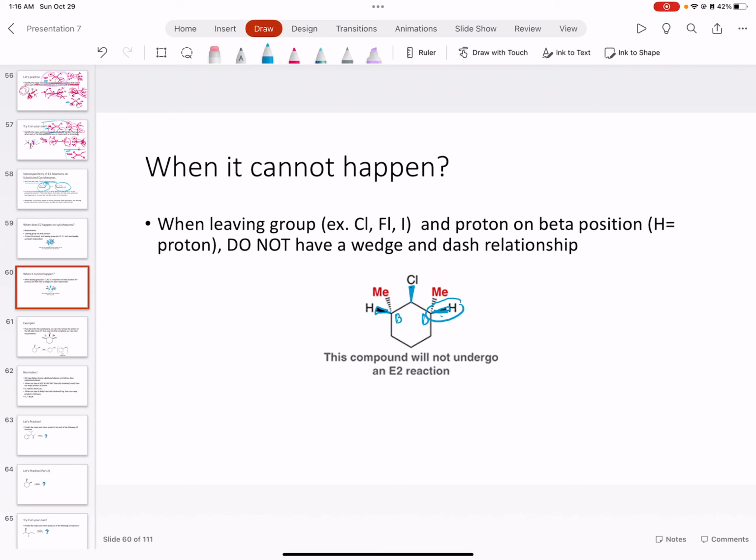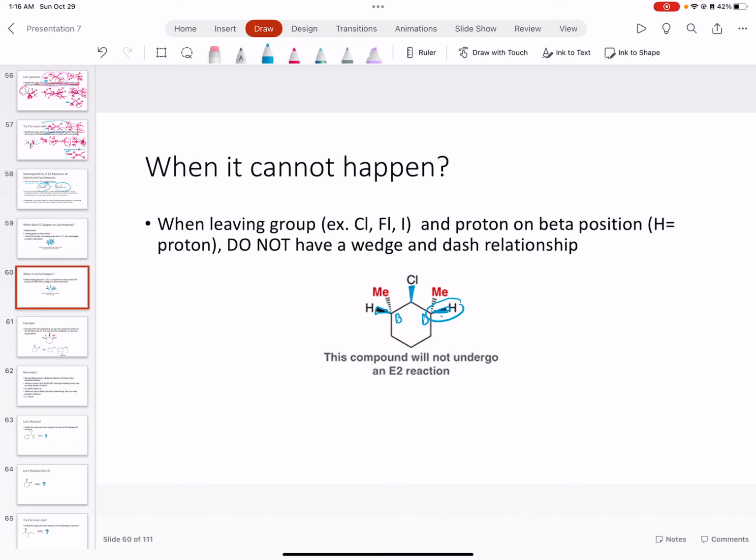So technically, if we look at the right side, we're not able to get this product because that one is on a wedge, but we're able to get this product instead because this one is on a dash. That also explains why we cannot have cis and trans for that one, because we're only able to take one hydrogen, we're not able to take the two of them.